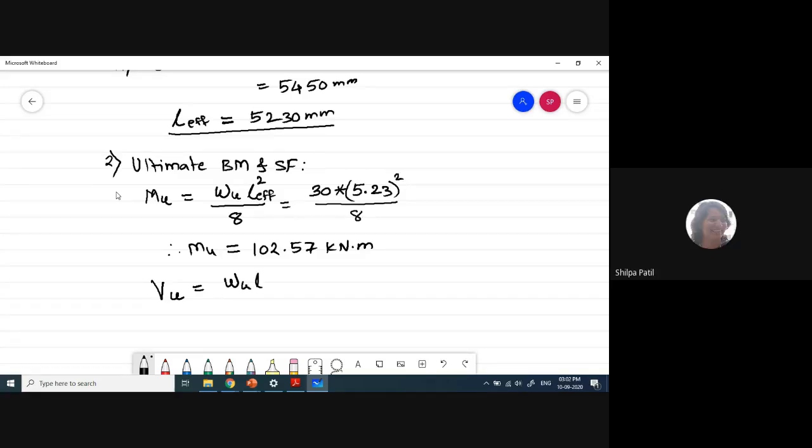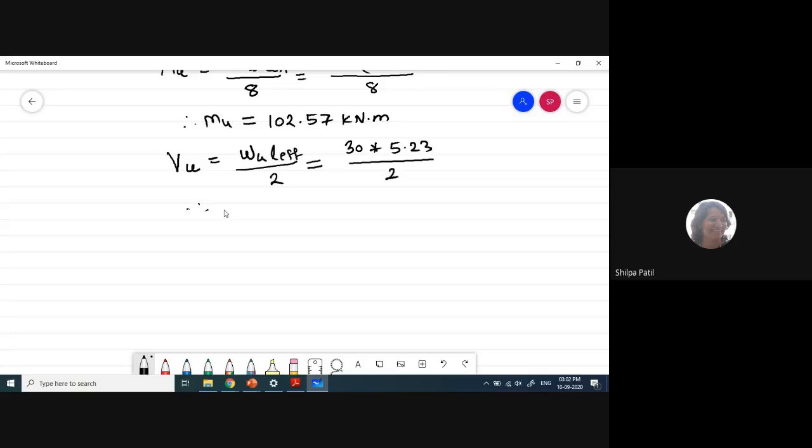So Wu into L effective upon 2. Again 30 into L effective 5.23 divided by 2. So Vu is 78.45 kilonewton.